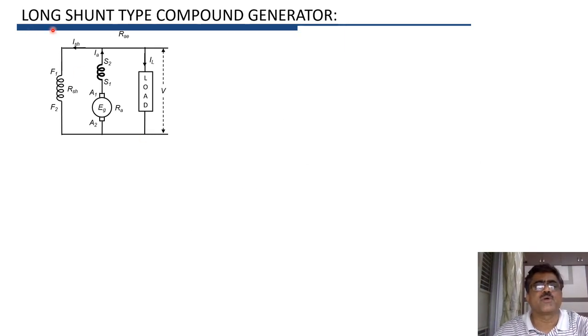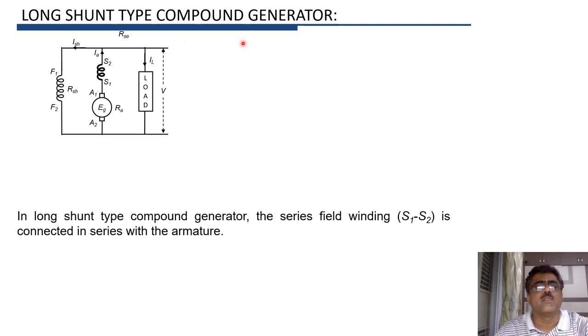The second type of compound generator is long shunt type compound generator. Now in long shunt type compound generator, the field winding F1, F2 is connected in parallel across the series combination of armature and series field winding.